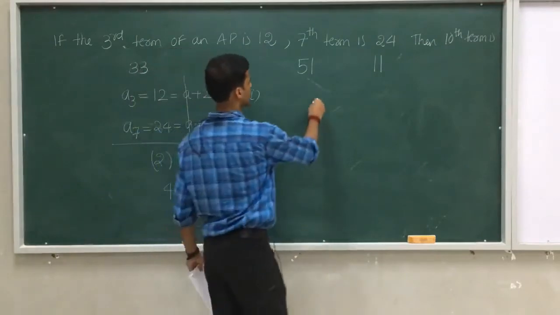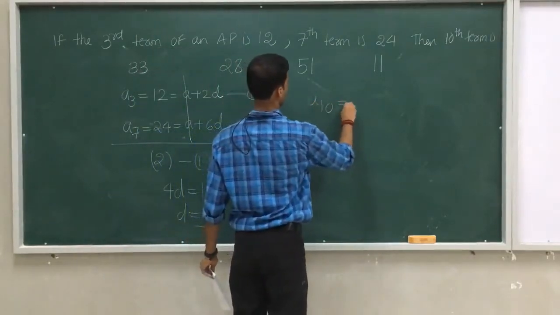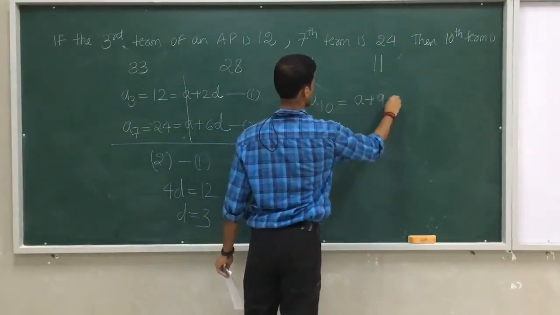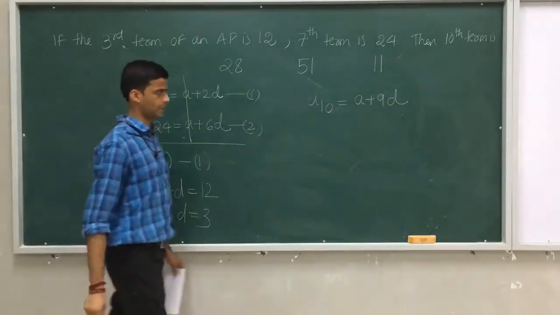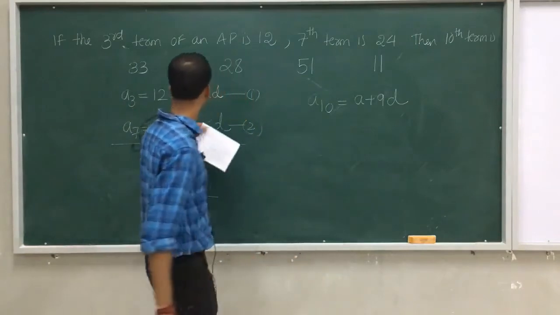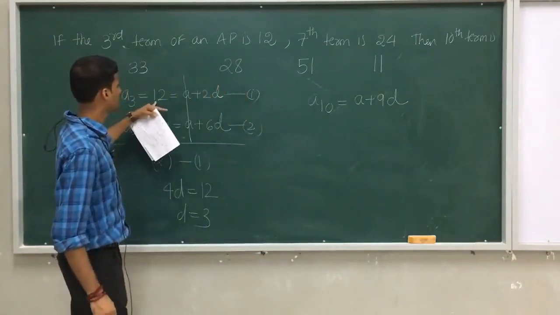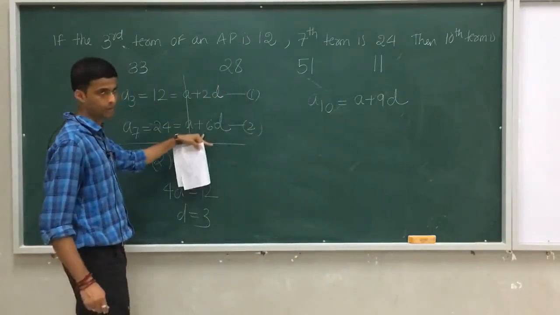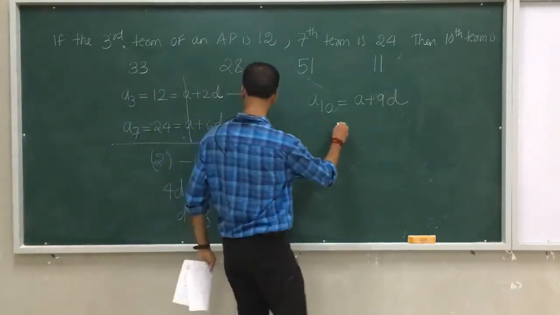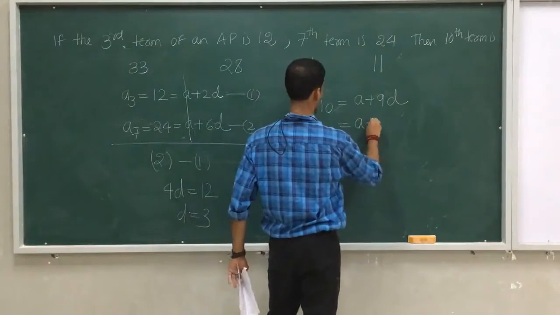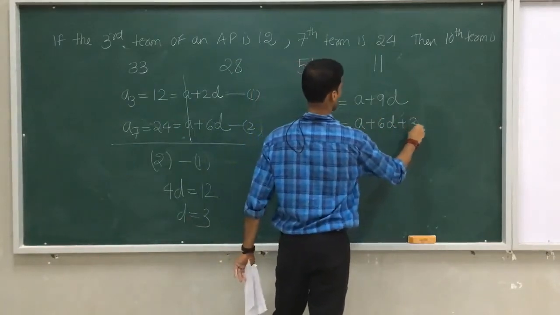But I am in search of A10. A10 can be written as A plus 9D. But you may ask the question, sir, how to get A? You can do it by substituting the D answer in any one of the equations. It is your choice. But I will do it like this: A plus 6D plus 3D.